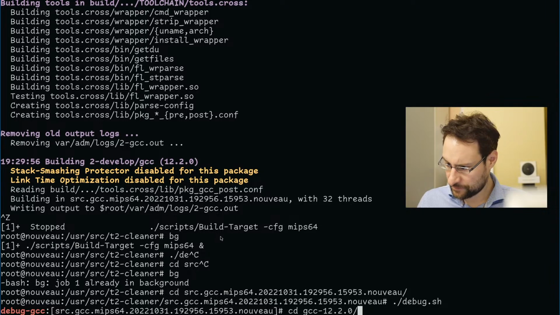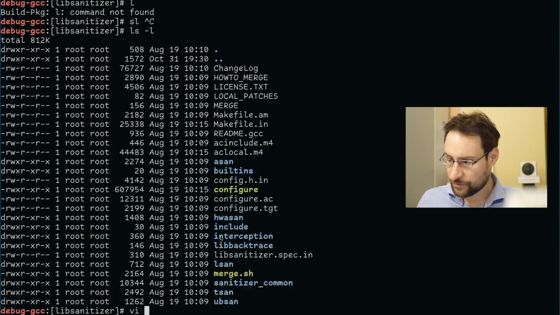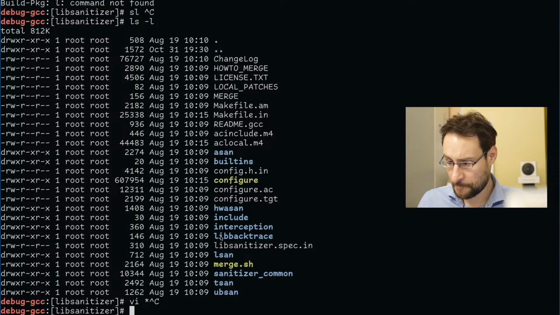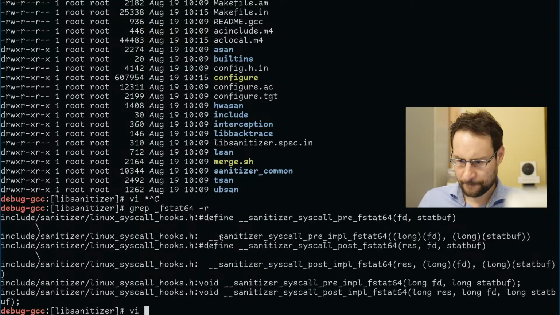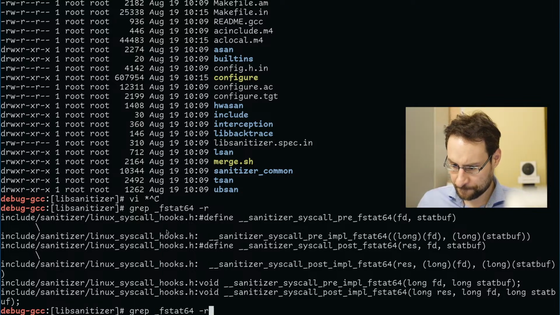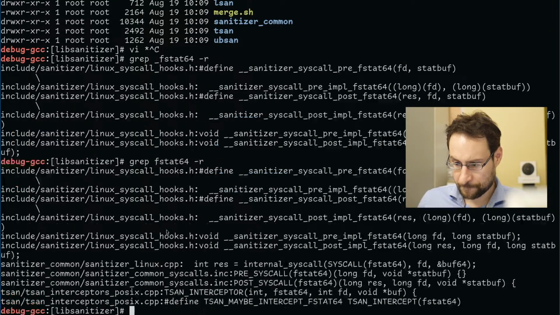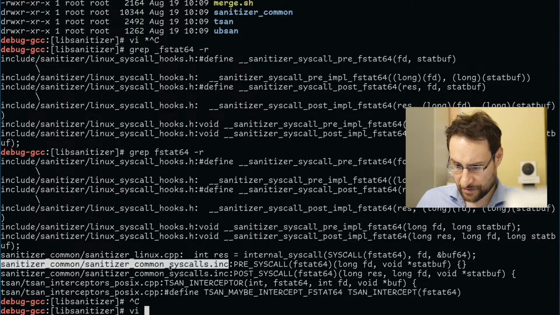What was the name? Was it Sanitizers or Lib Sanitizer? What was it? Was it fstat64, or was it Linux calls? Was it this here?